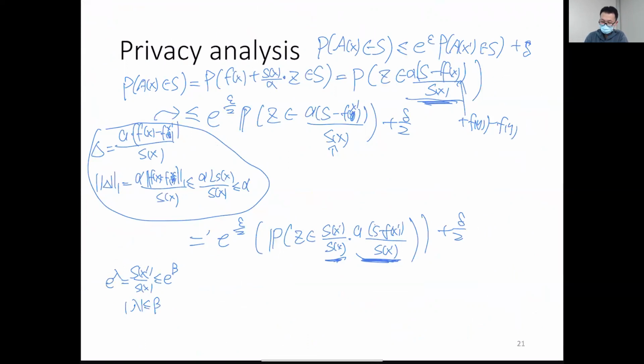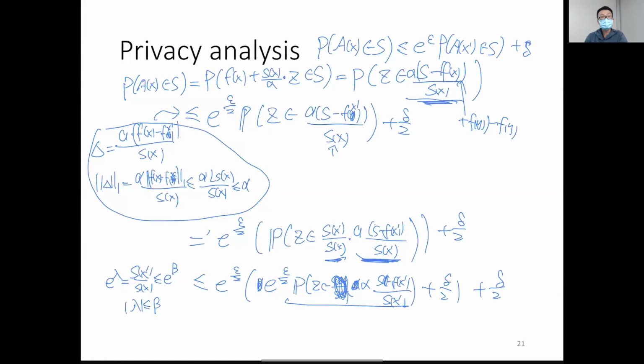For this reason, we can apply the dilation property and then recover e to the power of half epsilon, and I can simply drop this, and this will be alpha s minus f plus half delta.